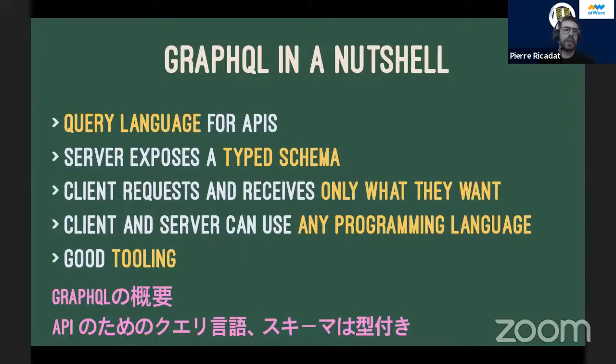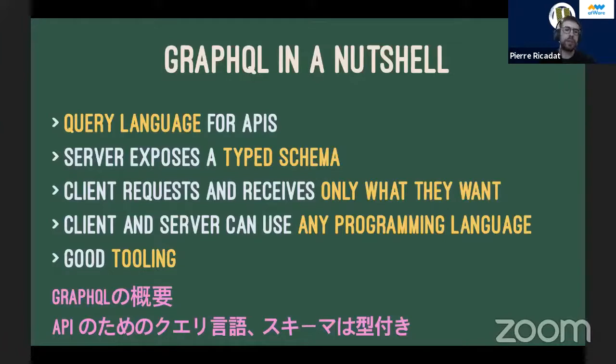Just like REST, you can use any programming language. GraphQL is just the format of exchange of data, but it's not linked to any particular programming language. Another thing that is pretty nice about GraphQL is that because the schema is known in advance, the tools are pretty good.